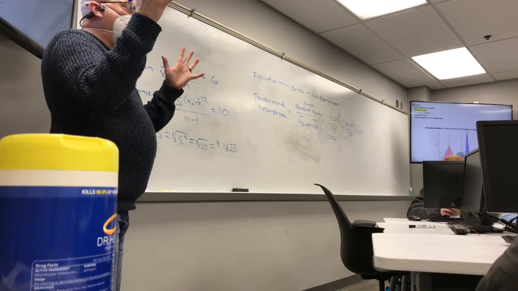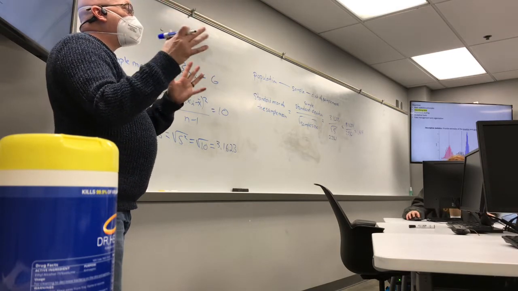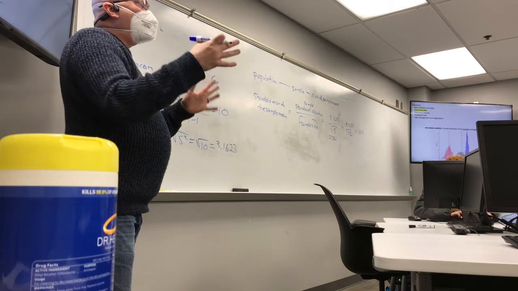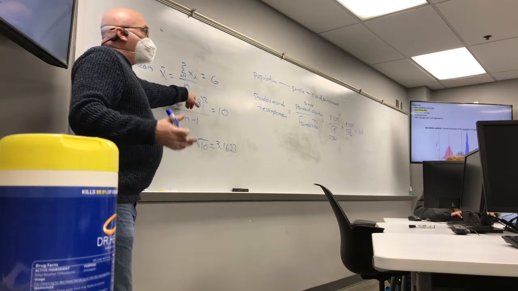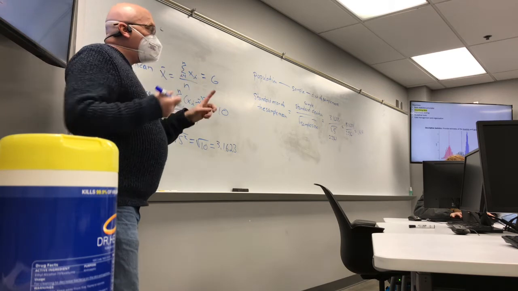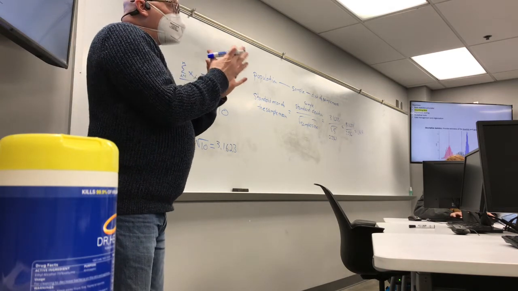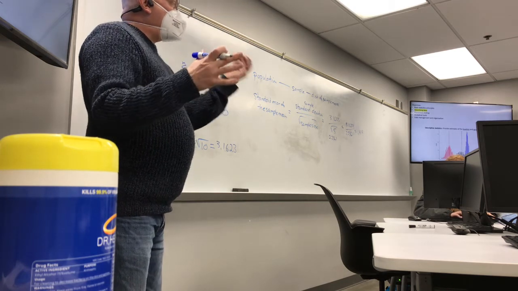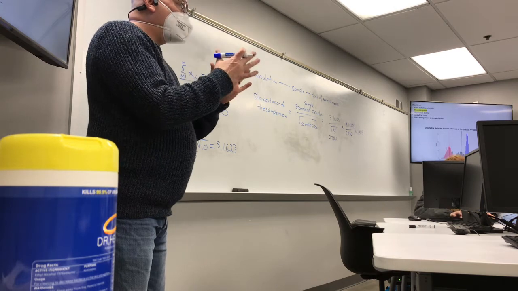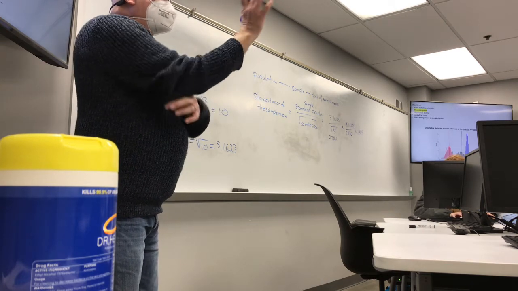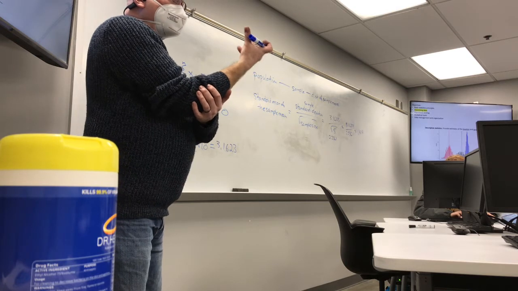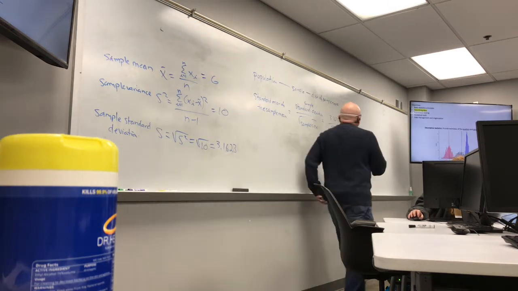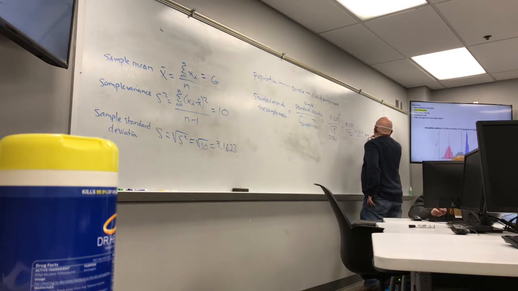That spread is ultimately determined not by the inherent properties of the population itself, but by how big our sample size is. The bigger our sample size is, the narrower that distribution of sample means is. Now that we know the relationship between sample size and the spread of the distribution of sample means, we can figure out how wide that distribution is, because this is a sample-specific measure of spread.